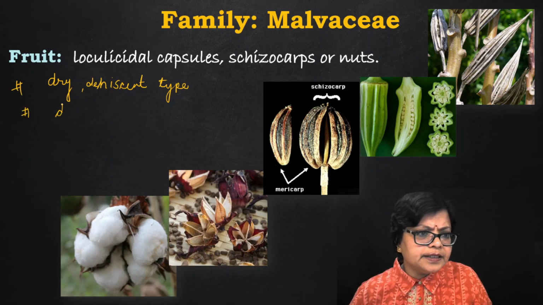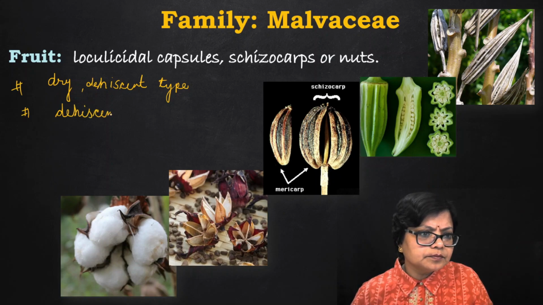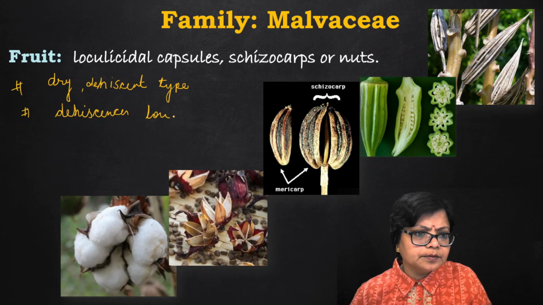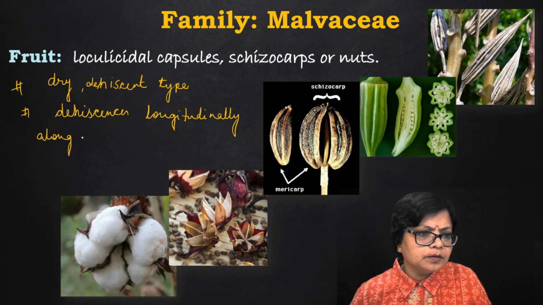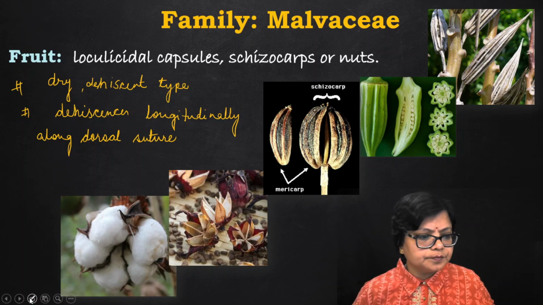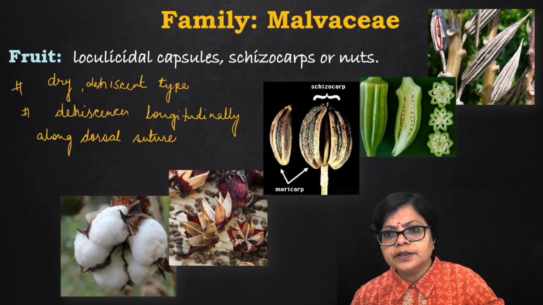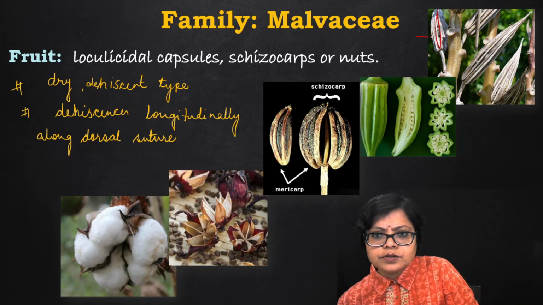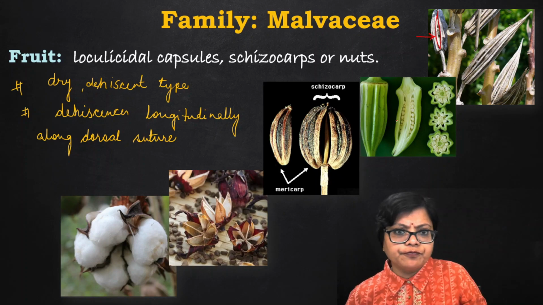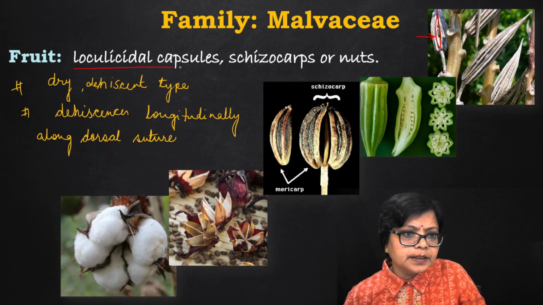Fruit dehisces longitudinally along the dorsal suture. This is the longitudinal slit. This type of fruit is called loculicidal capsule.